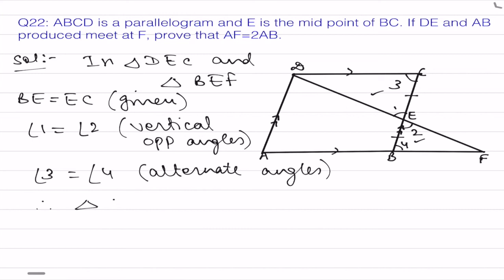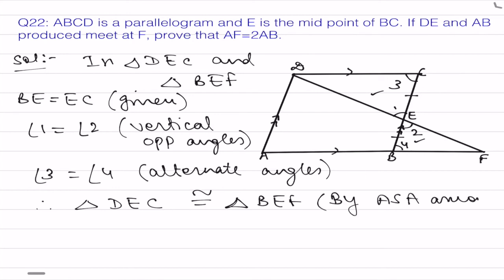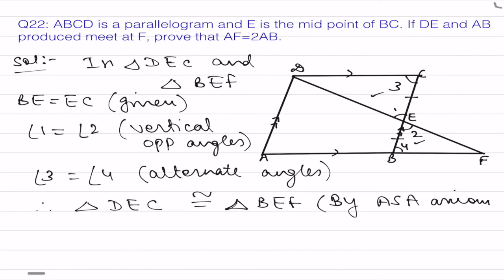Therefore, triangle DEC is congruent to triangle BEF by ASA axiom. Now why we have proved the congruency? So that DC is equal to BF by CPCT.